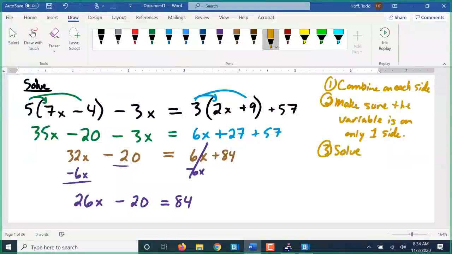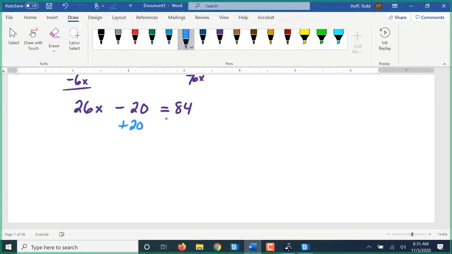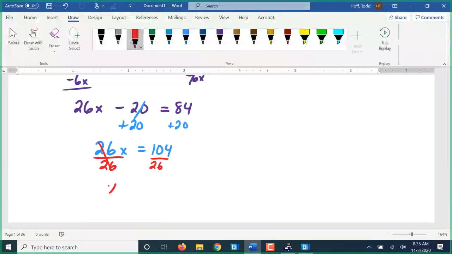Now we can solve. So we're going to add the 20. 26x equals 104, and divide by 26. X equals 4.